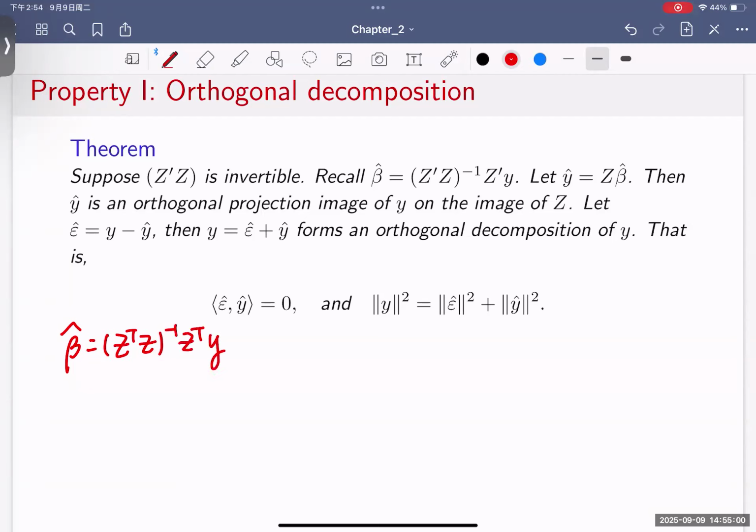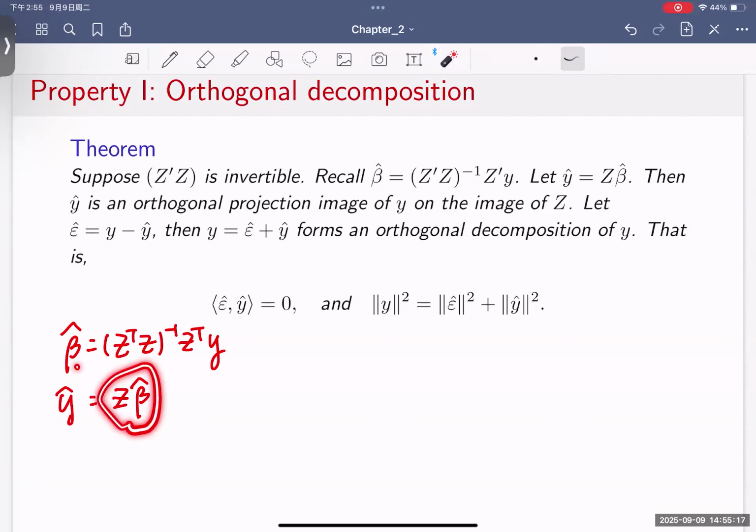And then, given the data Z, we can have the prediction on our training data. Maybe we define it as Y hat, so just use Z times beta hat, okay? So this is how our model looks.